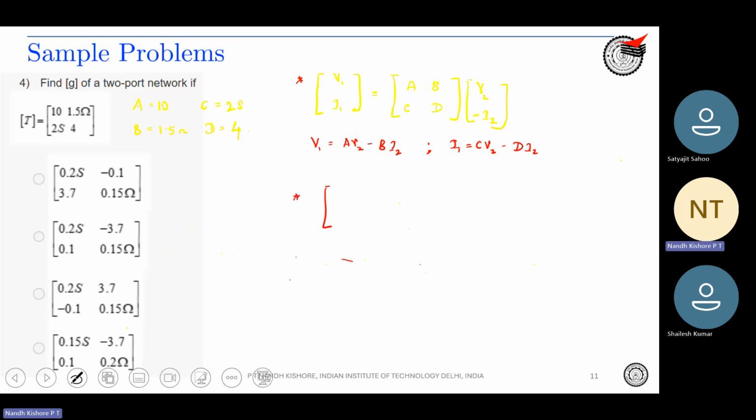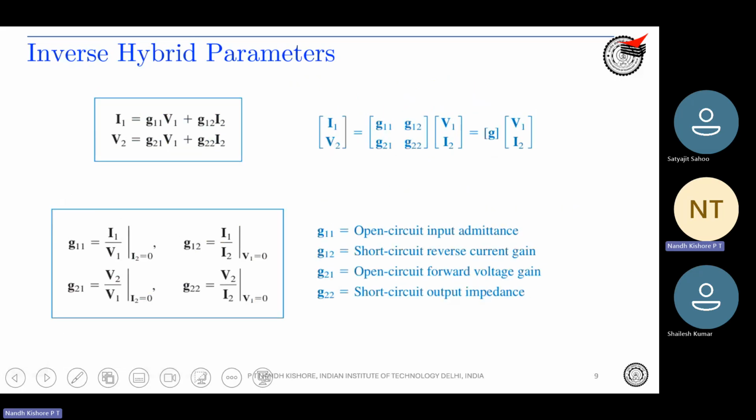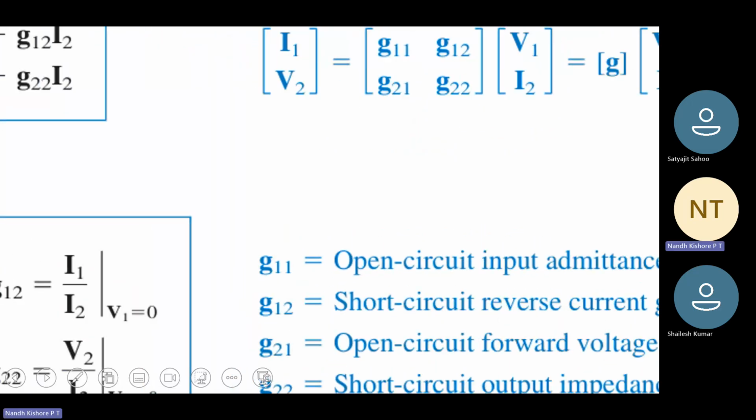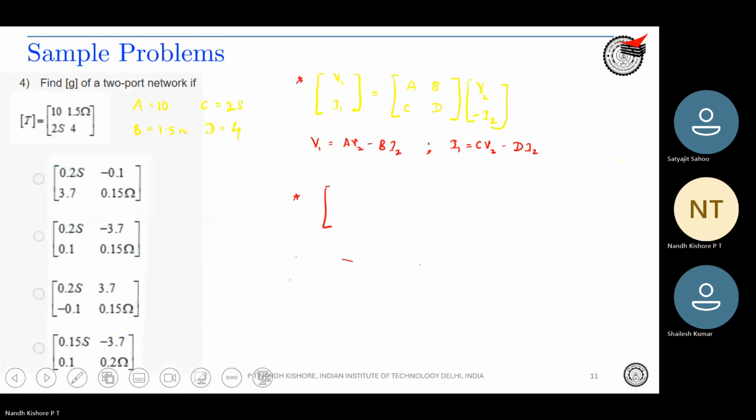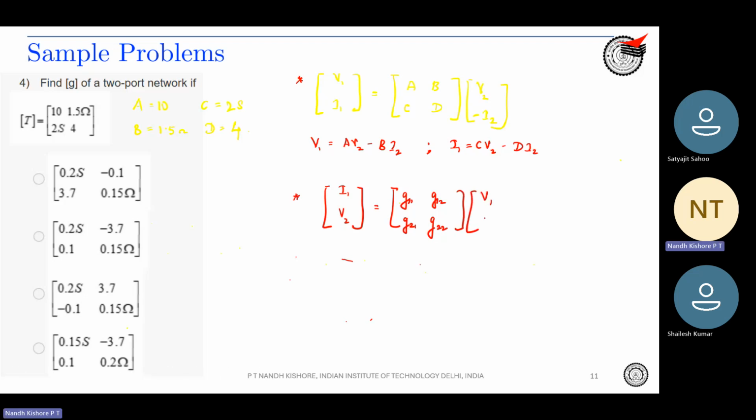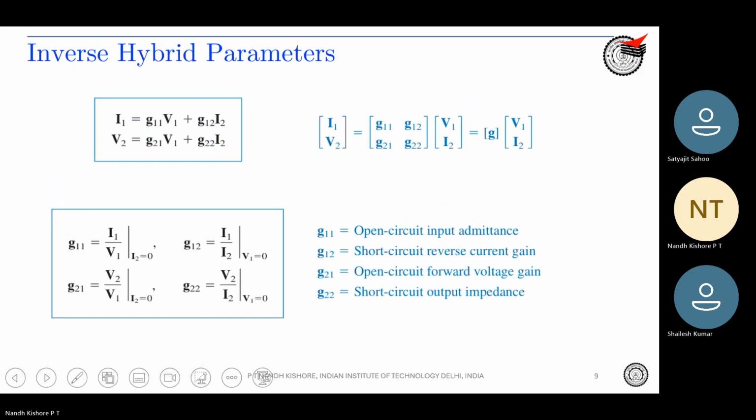We just saw for G parameters that your dependent variables are I1, V2, and independent variables are V1, I2. So you have I1, V2 equal to the matrix G11, G12, G21, G22 times V1, I2. Correct?